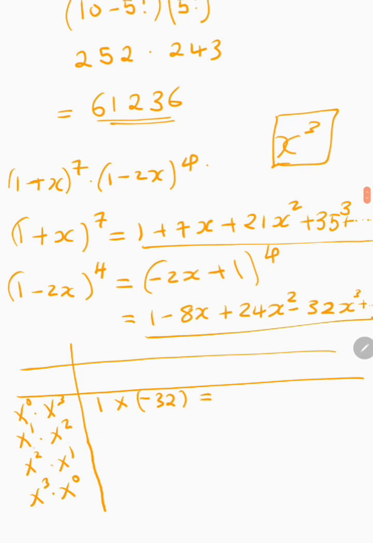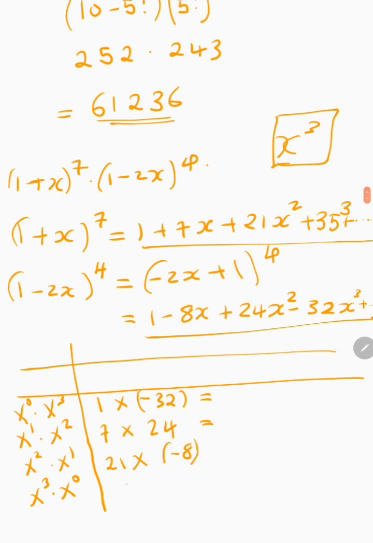Then x to the power 1 is 7x in our first expansion, so I have 7 times the x squared term in the second one, which is 24. Then you have x squared in the first, which is 21, times x to the power 1 in the second, which is negative 8.